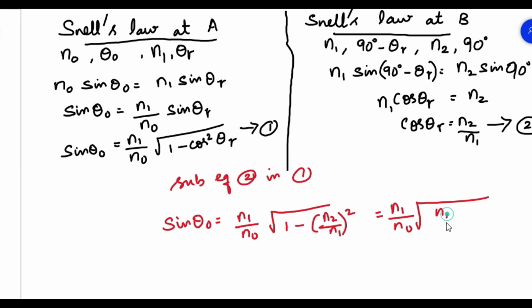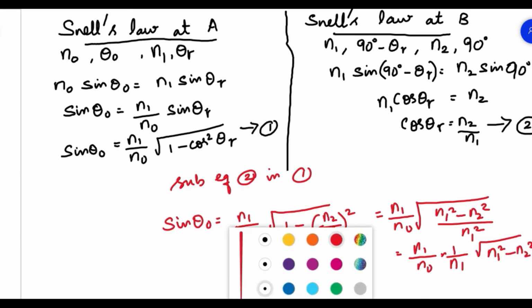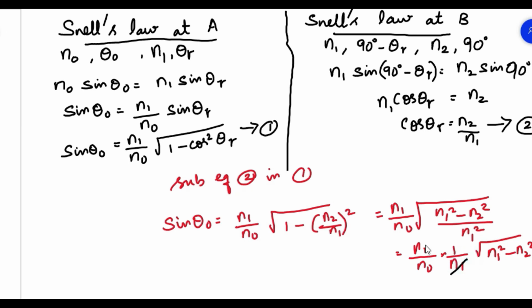That gives n1 by n naught root of n1 square minus n2 square by n1 square. I am going to bring the n1 square outside. So I get 1 by n1 root of n1 square minus n2 square. n1 and n1 which is in the numerator and the denominator get cancelled out. So the relation is root of n1 square minus n2 square by n naught.